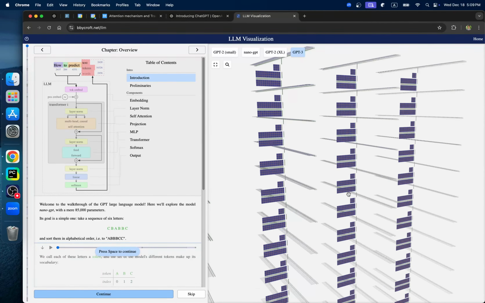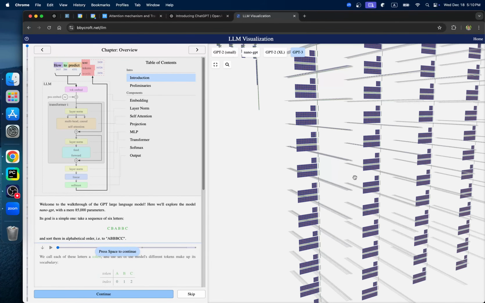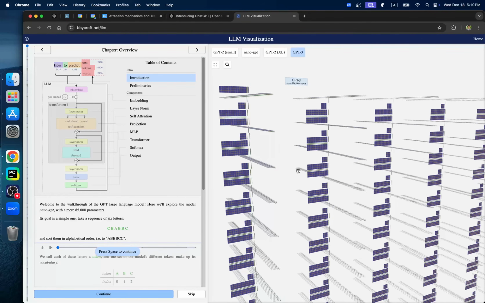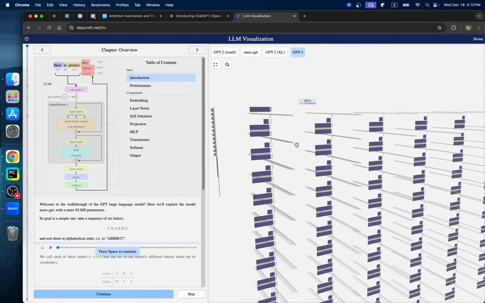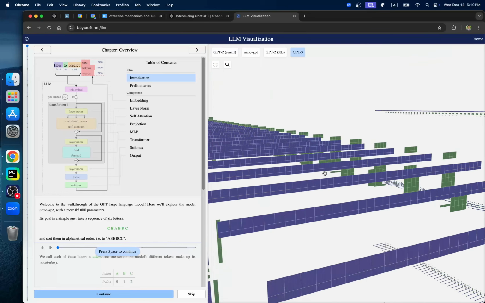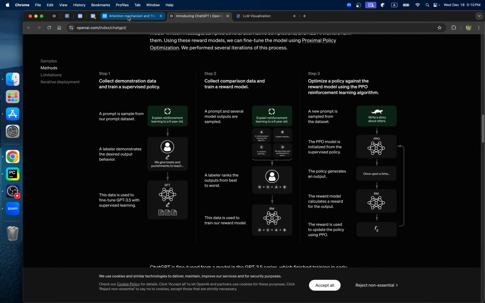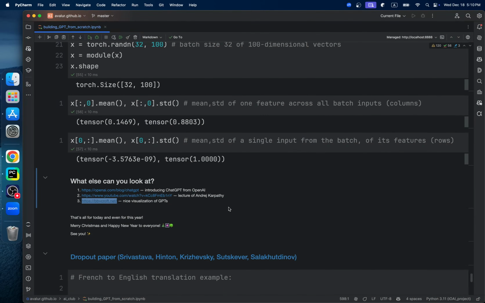It is really huge, but the structure is the same as GPT-2, but it has many more heads and dimensions and so on. So you see on this visualization way more parameters than we had in GPT-2. Okay, so let's finish here.